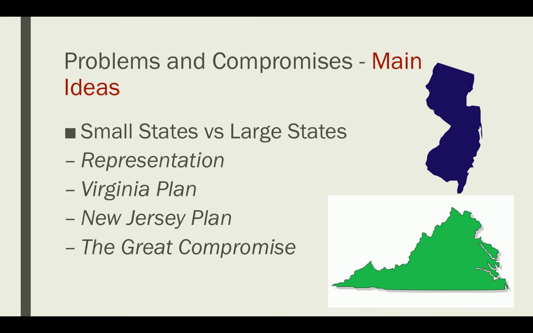So the compromise is that this new government would have 2 houses. 1 house that would be based on population, like the Virginia plan wanted, and 1 house that would be represented equally no matter what the size or population count was of any state, and that's what we get from the New Jersey plan. So in the end, with the Great Compromise, we get the House of Representatives based on population, and we get the Senate based equally among all, at the time, 13 states.